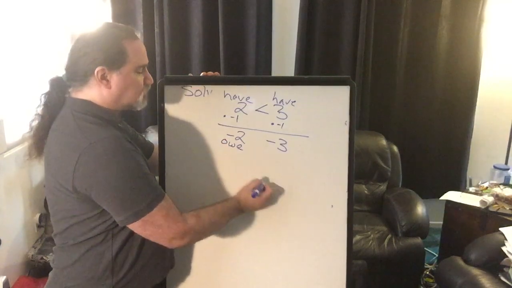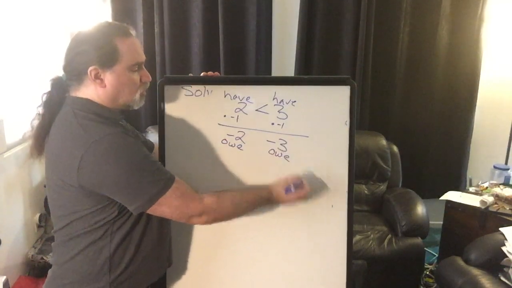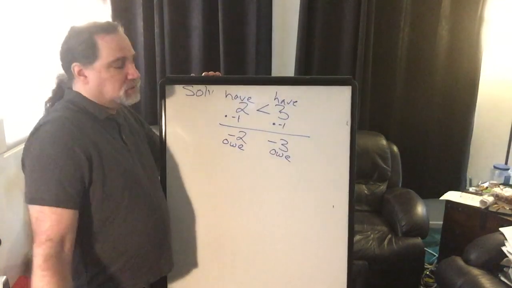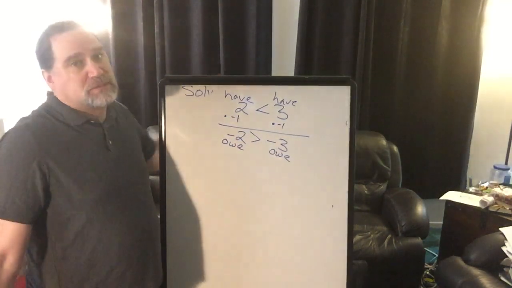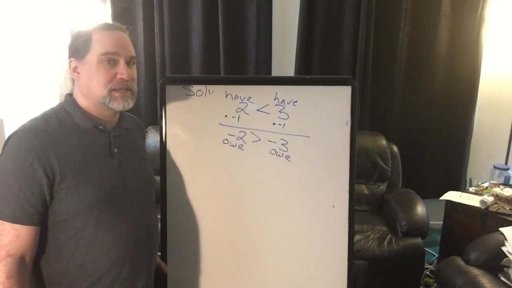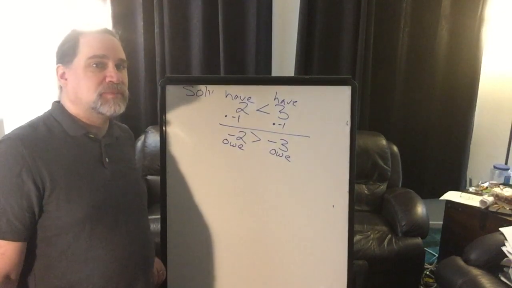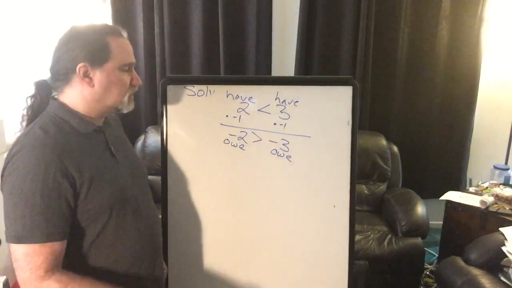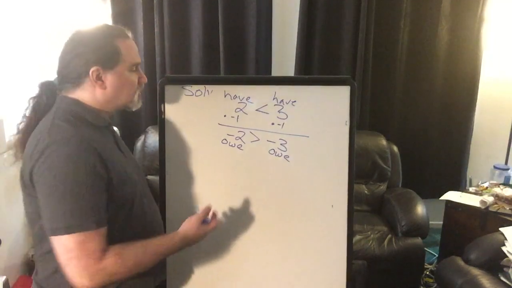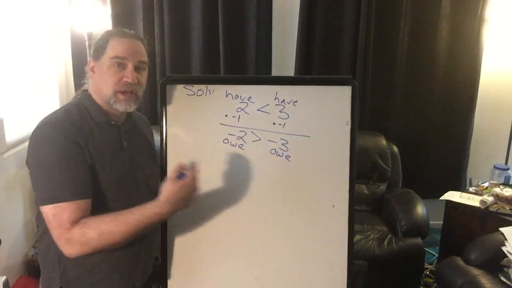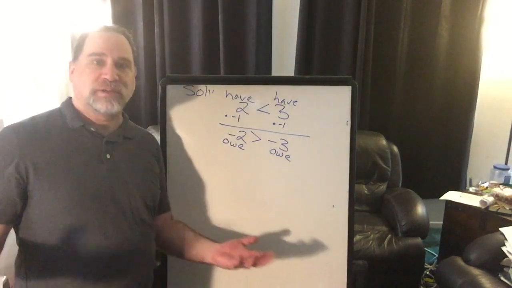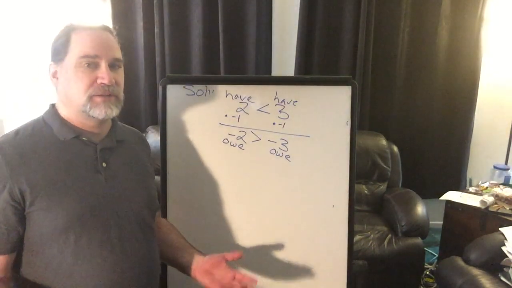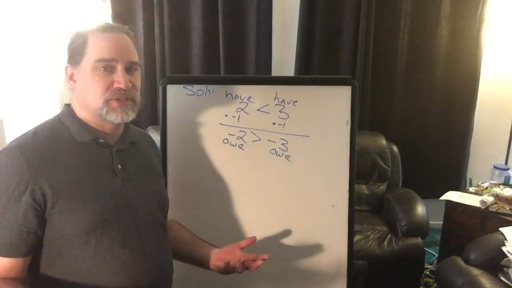Would you rather owe $2 or would you rather owe $3? Well, I'd rather owe 2 than 3 because I don't like owing money. I don't like being in debt. I like having money. So I don't want to owe the $3. I want to owe the $2. So by doing this simple operation, I've changed basically what we're talking about from having money to owing money. And the evaluation process changes.